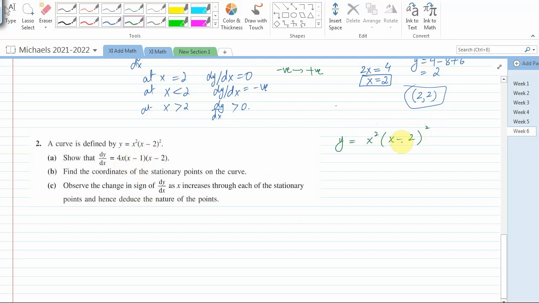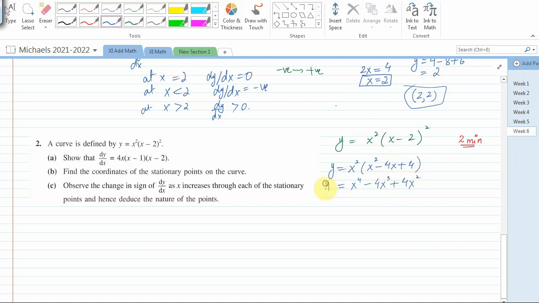Now you need to first expand it with the identity and then multiply it, or you can apply the u into v rule, that's totally up to you. If I apply the identity here, a squared minus 2ab plus b squared, and multiply by x squared, I get x to the power 4 minus 4x cubed plus 4x squared, right?